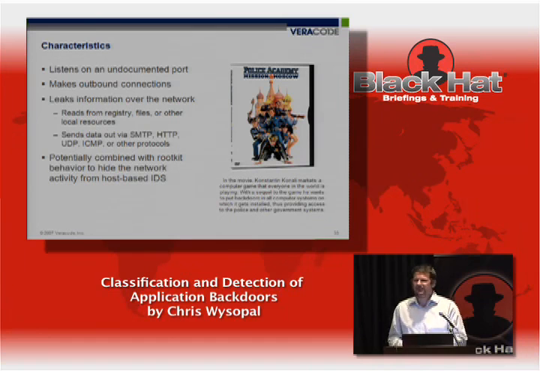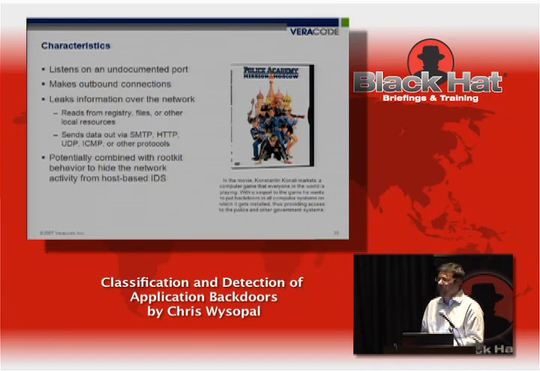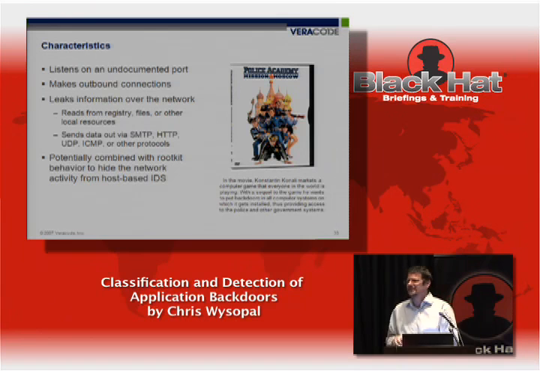So the characteristics of this is it's listening on an undocumented port. That's probably something that you can find fairly easily. It makes outbound connections. That could be easy if it's an outbound connection that the program is not supposed to be making. It could be hard if it was something the program was supposed to be doing, like maybe the program does send mail. Well, if it's sending sensitive information over mail, that's going to make it more difficult.